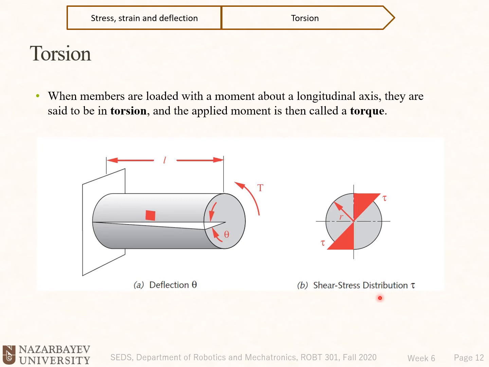One shear stress could happen because of transverse load or shear forces. The second one could happen because of torsion torques. You see what is the stress distribution for this case? It's 0 at the middle and is maximum at top and bottom.